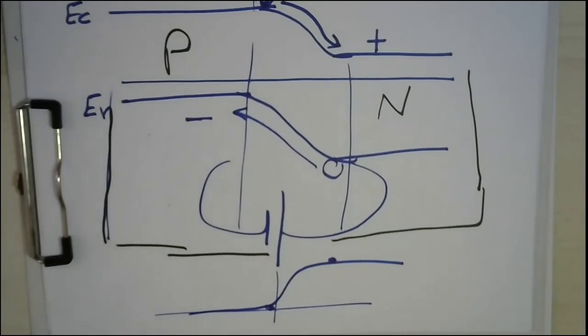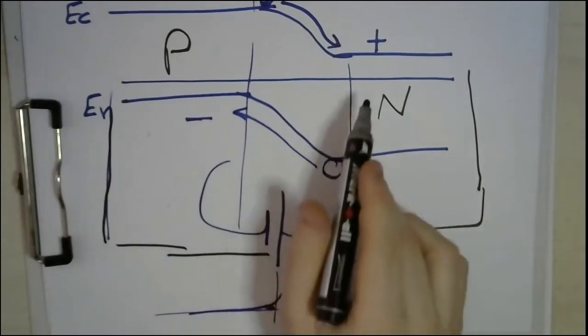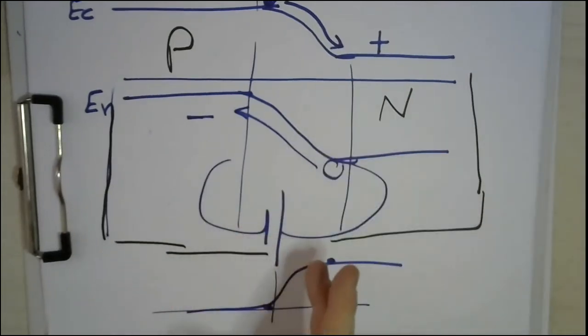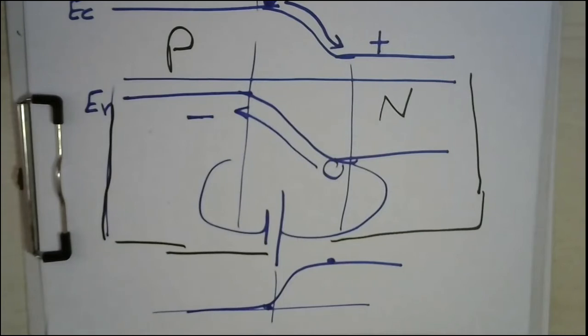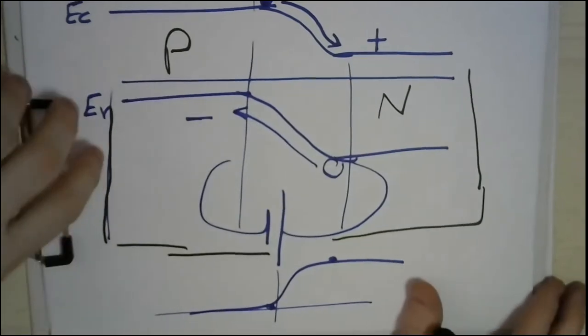Or connect the positive terminal to the p side and the negative terminal to the n side, which is against the counter polarity of the built-in potential, and we will call this the forward bias PN junction. So these are the two main possibilities we have in order to connect our PN junction with an external biasing source. Okay, perfect.